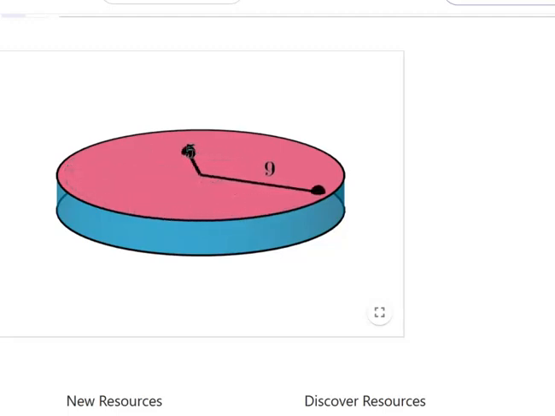Now, the person on the outside, the one that's 9 units away from the center, is naturally going to be going faster than the person who is 5 units away. The way we can think about that is in terms of the distance traveled.